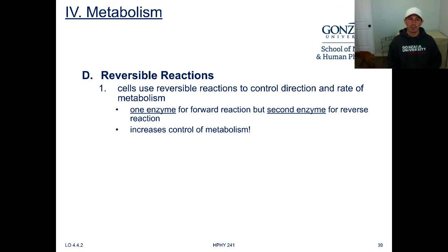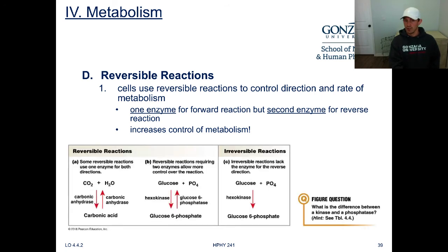I mentioned this earlier: one enzyme for the forward reaction, but a second enzyme for the reverse reaction. So it really is just increasing the level of control that a cell has over metabolism and the production or storage of energy.